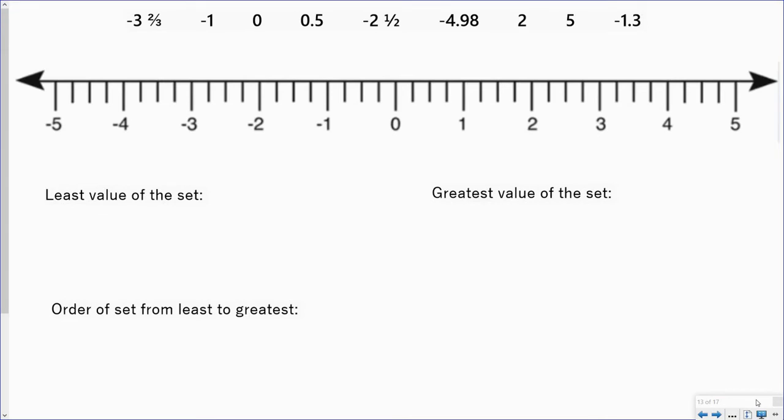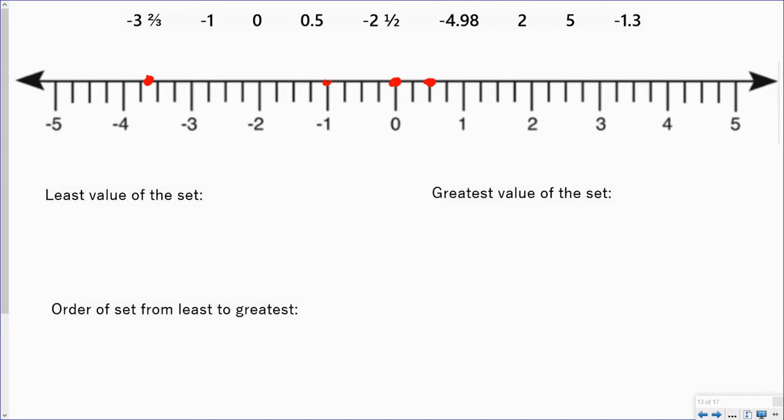Let's look at this data set, and we're going to plot these numbers. So we have a -3 2/3, which is going to go about here. We have a -1. We have 0. We have a 1/2 or 5/10.